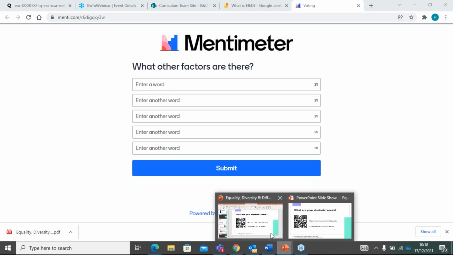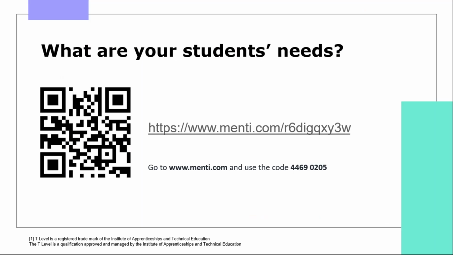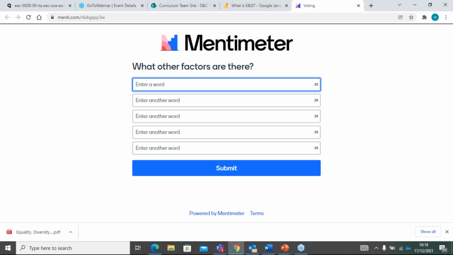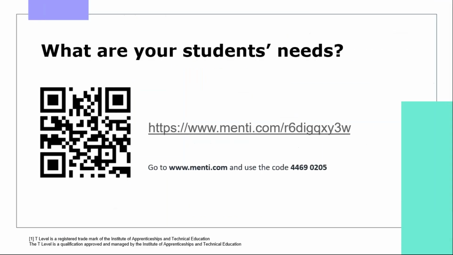So I'm just going to go back to the PowerPoint and open up that screen for us. So while I load this Menti, please pop your ideas into there. It's going to create a word cloud for us.